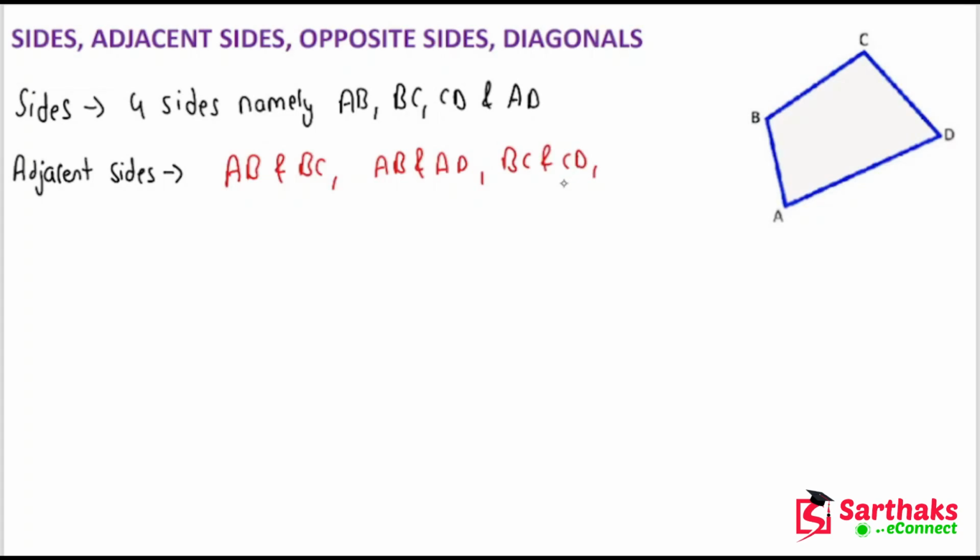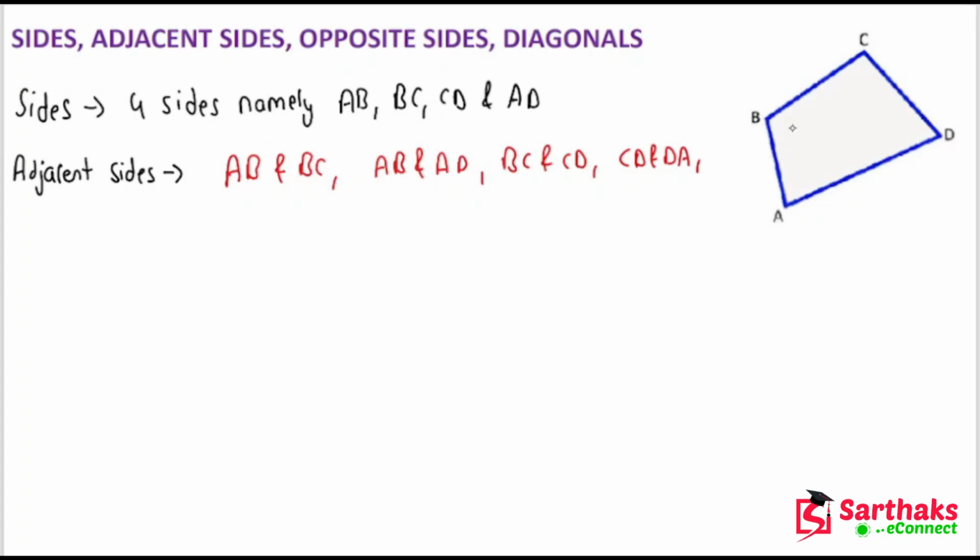You can have CD and DA as adjacent sides, because CD and DA both have D common. You can have DA and AB, which we have already counted. So there are four pairs of adjacent sides. The sides which have one point as common are called adjacent.